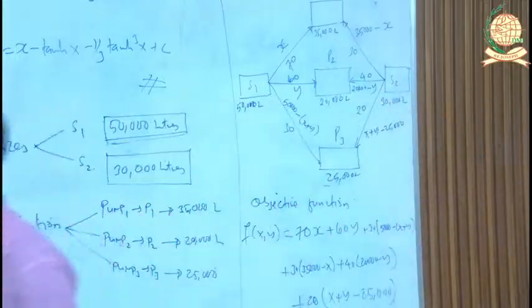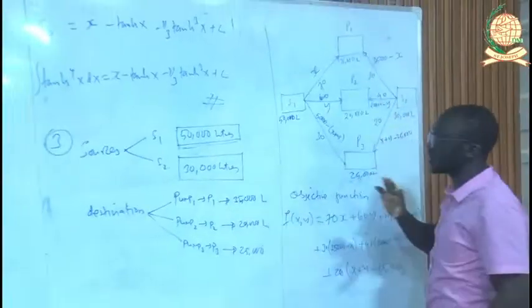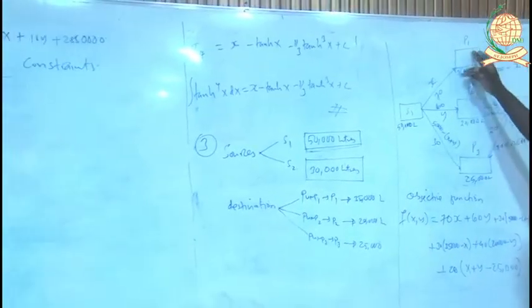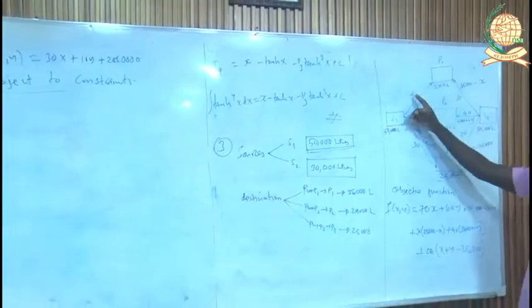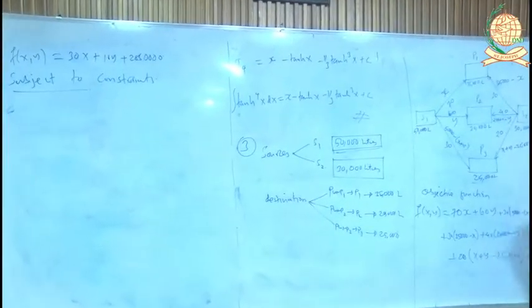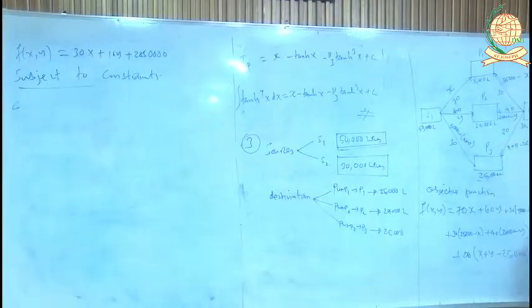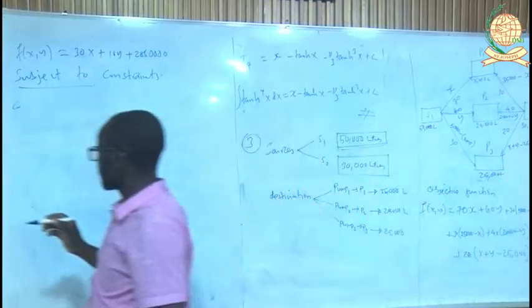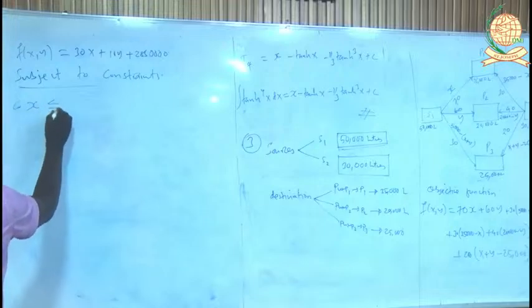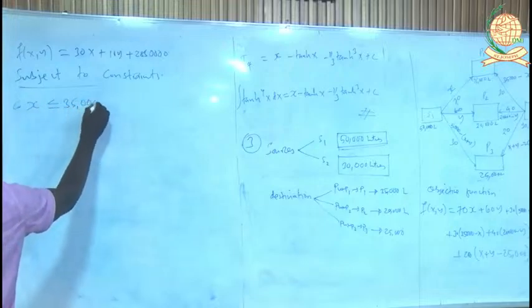So for the constraints, we write this objective function as subject to these constraints. The first one, from S1 to P1: this value x should never exceed 35,000, so the value of x should be less than or equal to 35,000 liters.